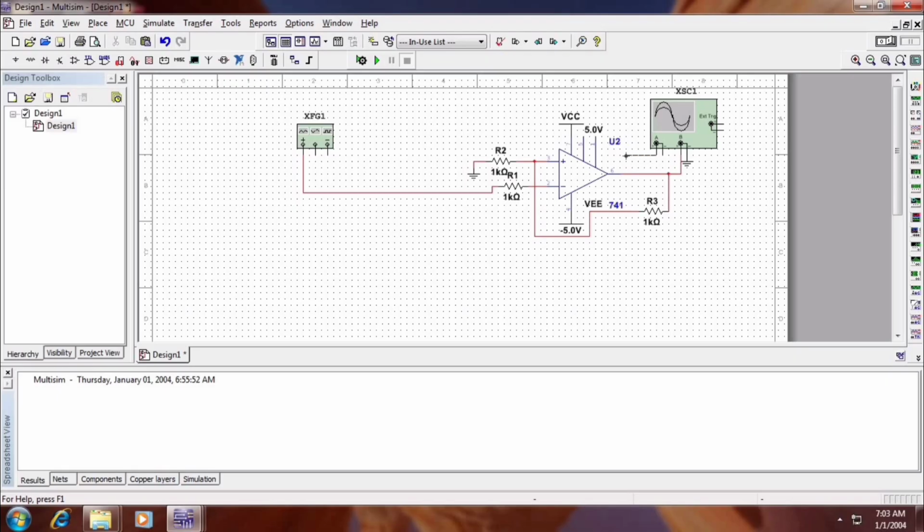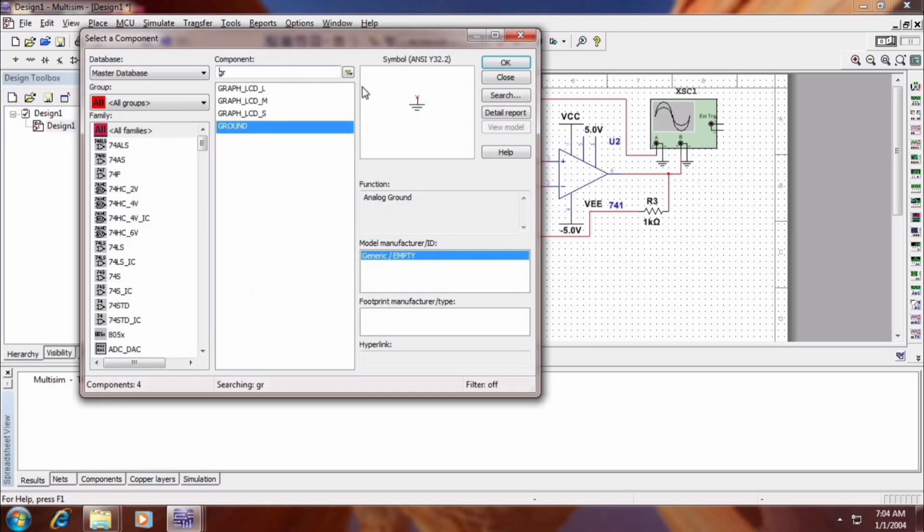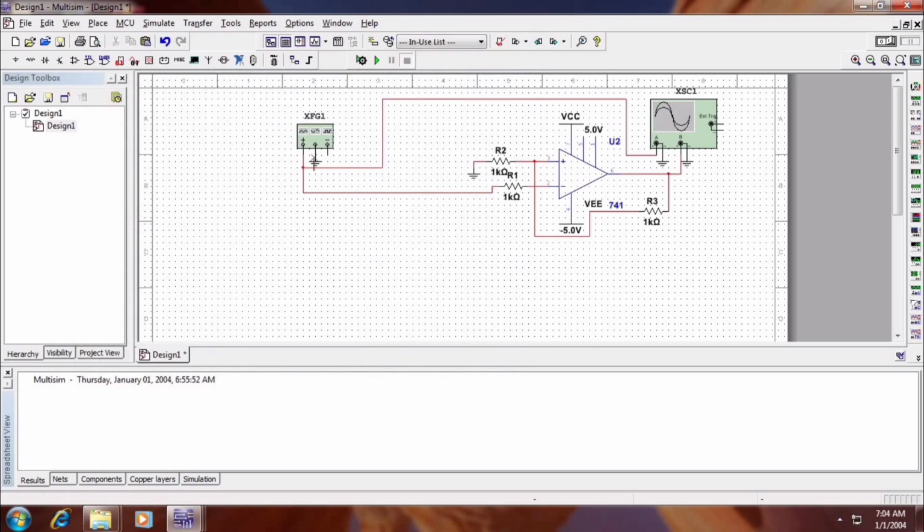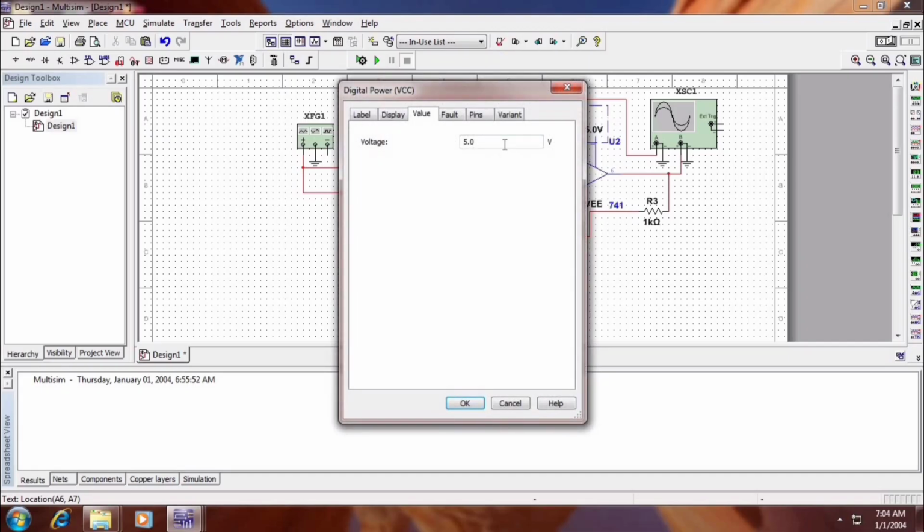So I'm just changing the output to the B terminal. After that, I can change the value of the resistance. Once this is changed, I can go further.